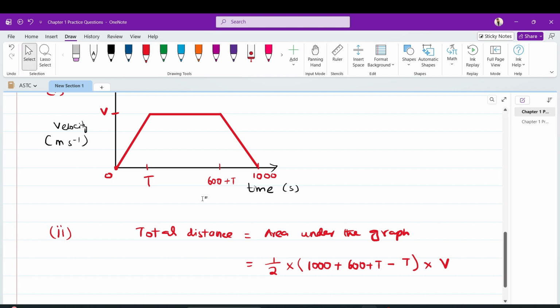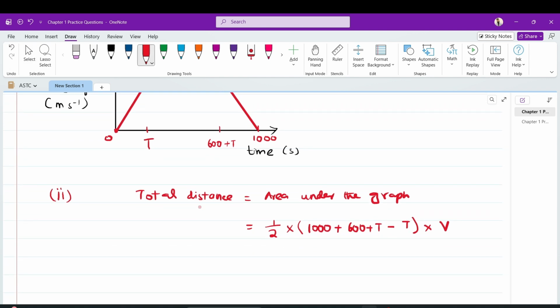Okay, now we know that the total distance is 20,000 meters, so I can fill up this value over here. Now t and minus t, they'll be cancelled out. So we have 20,000. So I can multiply this 2 on the other side so that this becomes 40,000 equals to 1000 plus 600. That'll be 1600 v.